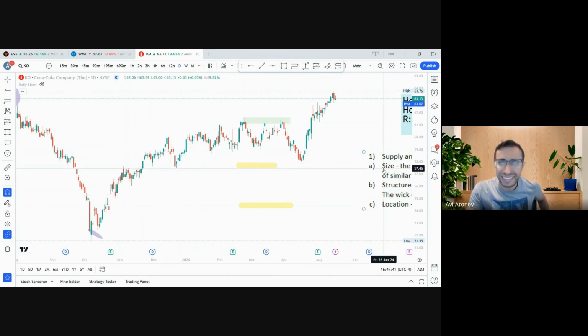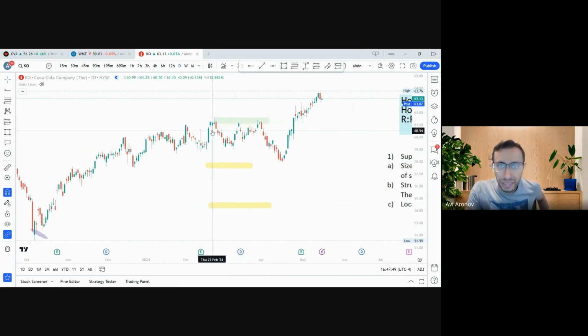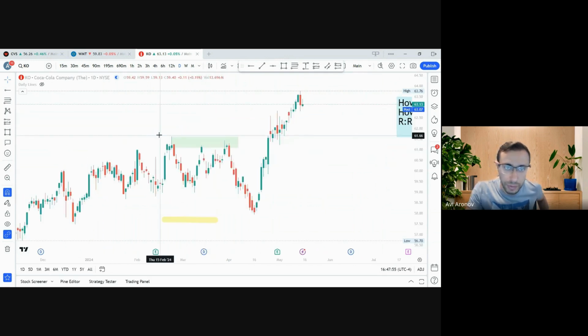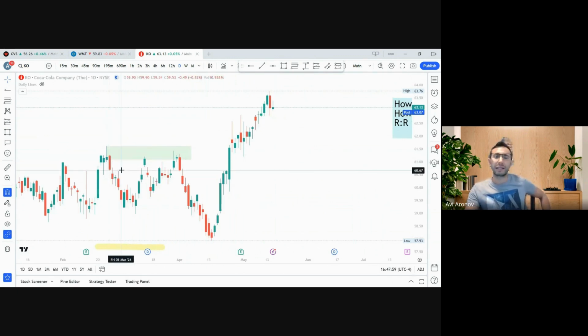But the size, what does the size stand for? It basically goes with a structure. What is the structure? The size is of the baseline, of the base candle, which is this green one. What are we seeing there? That it went higher, came back lower.